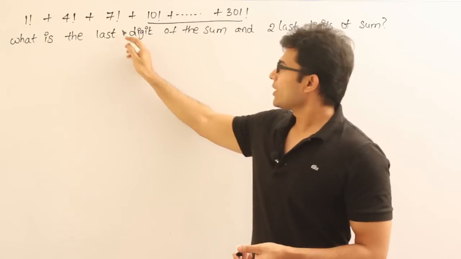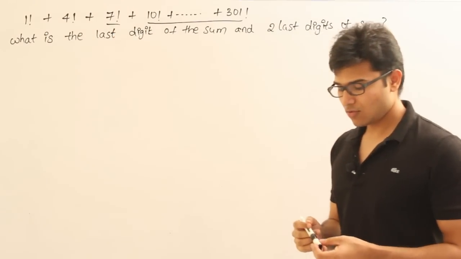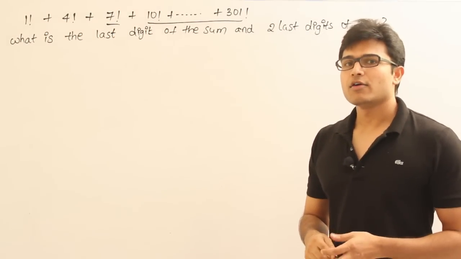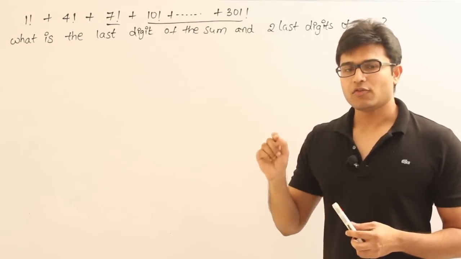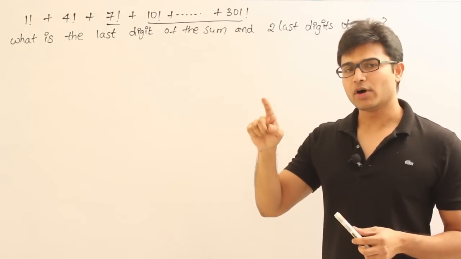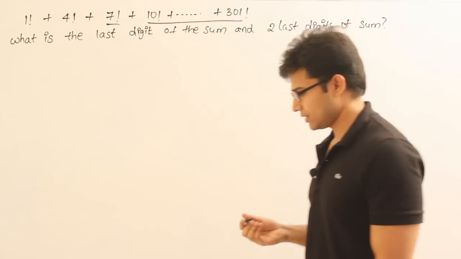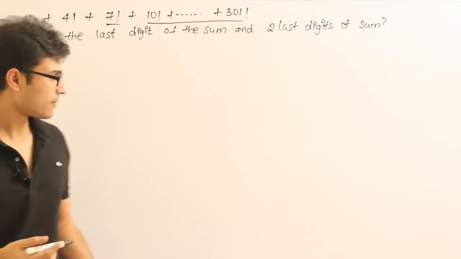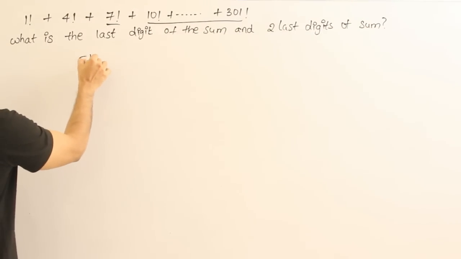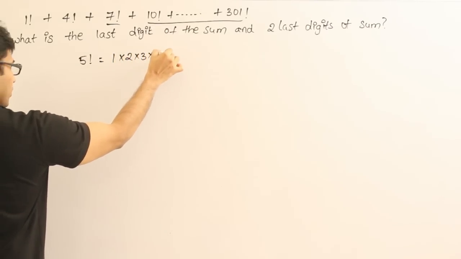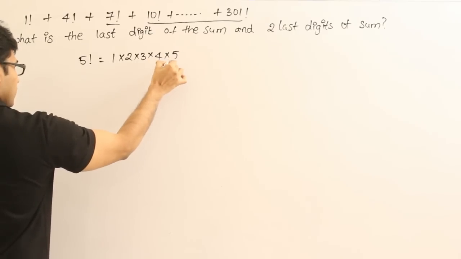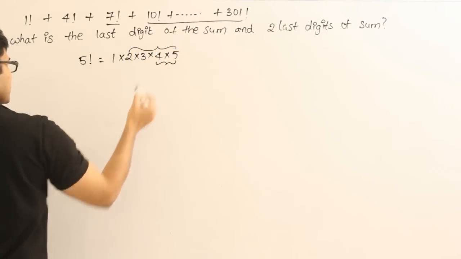Moreover, you have 7 factorial here. When you have 5 factorial, I'll just write it, it will be easy for you. A 5 factorial will contain 1 into 2 into 3 into 4 into 5. Therefore 5 into 4 is 20, or 5 into 2 is 10.